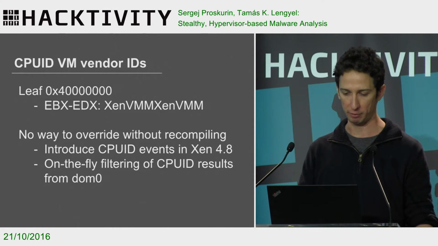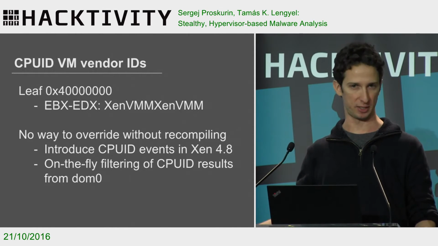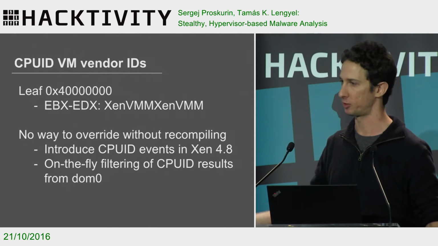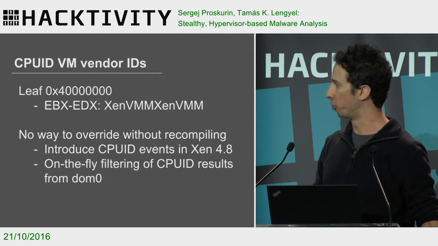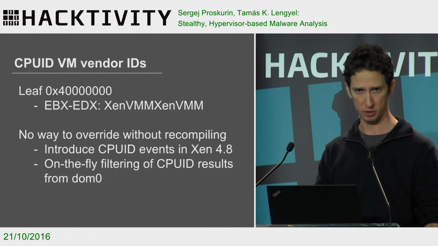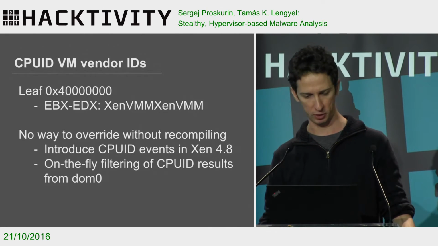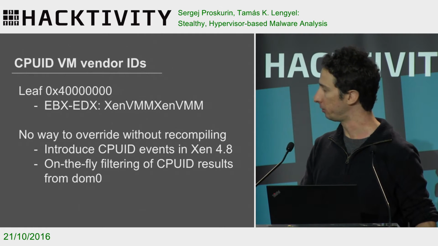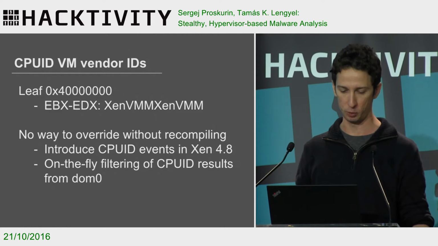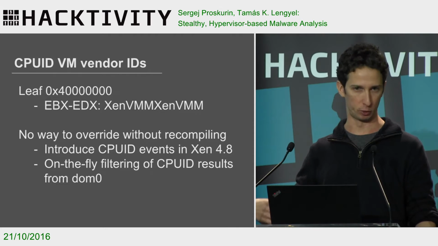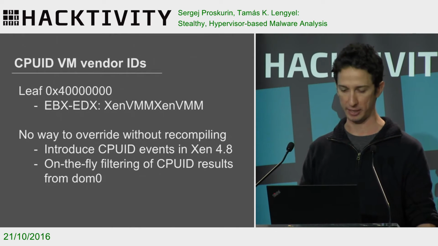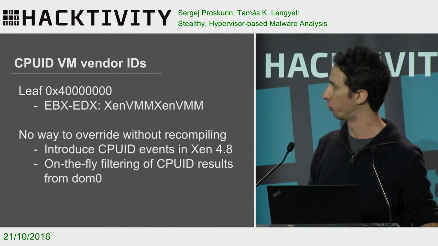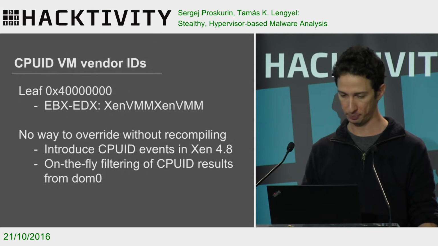Normally you would have to recompile Xen and patch it out so that it's not returned, which is kind of a pain. So for Xen 4.8, which is going to be released this December, I introduced a new feature where you can subscribe to CPUID events being executed in a guest, and then you can filter on the fly, depending on various things, what is actually being returned for signatures, if anything at all.